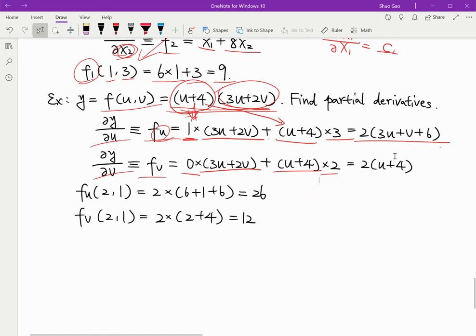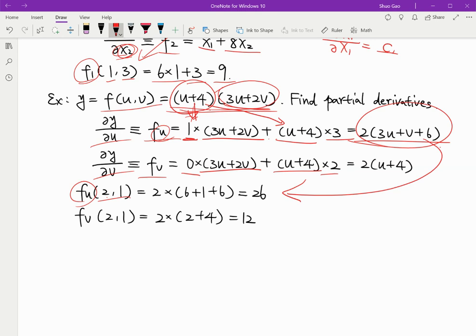And so if we want to find out the specific value when u equals 2 and v equals 1, for the partial derivative with respect to u, then we use this function, plug in the values of u and v, and find the result. So here, we use the second function, plug in, and find the result.